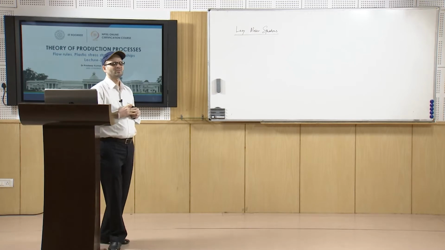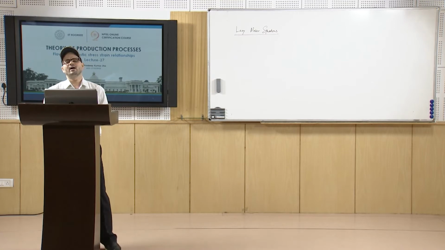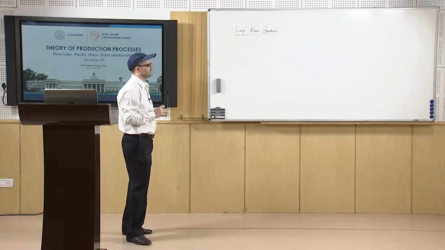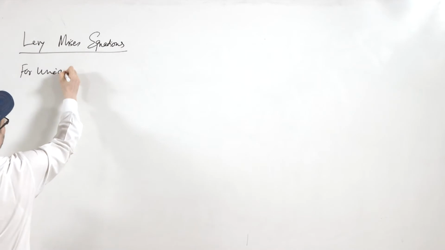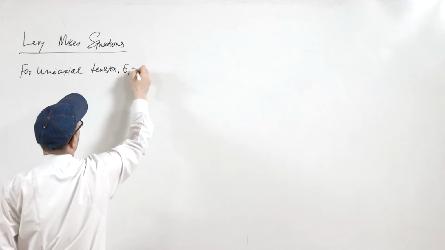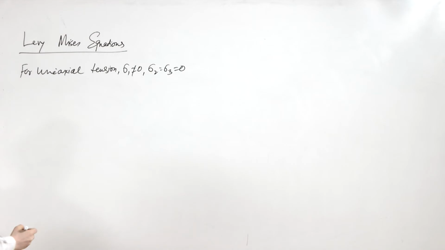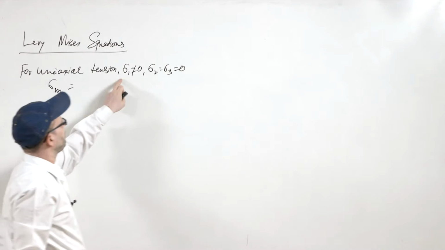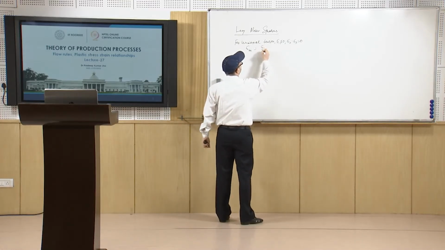In that case, sigma 1 is not equal to 0 and sigma 2 and sigma 3 are 0. The mean stress is sigma 1 plus sigma 2 plus sigma 3 by 3, so it will be sigma 1 by 3.